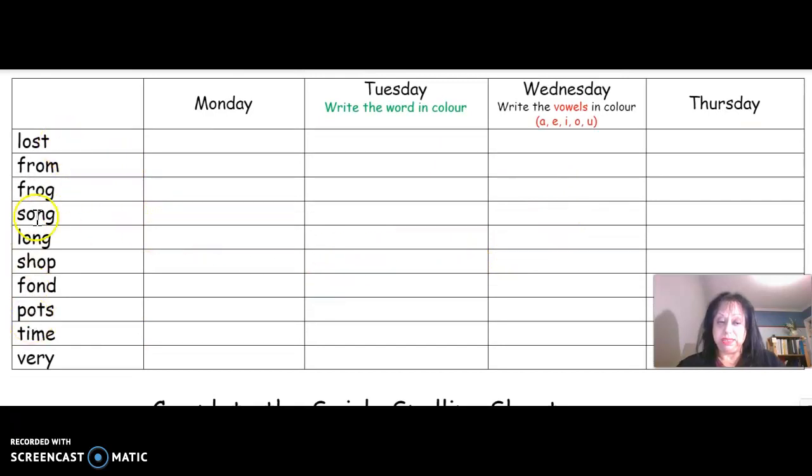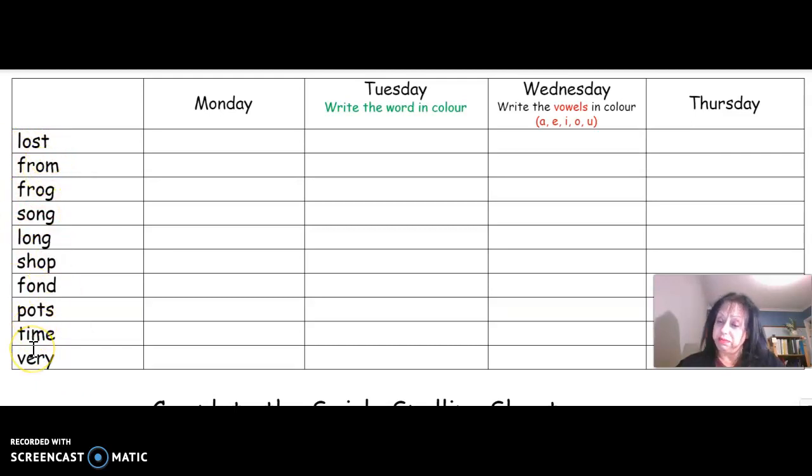So your words, let's just choose 3 from this for now. We're going to say them all first. Lost, from, frog, song, long, shop, fond, pots, and the last 2 are from the 100 most used words, time and very. So let's go back up here.